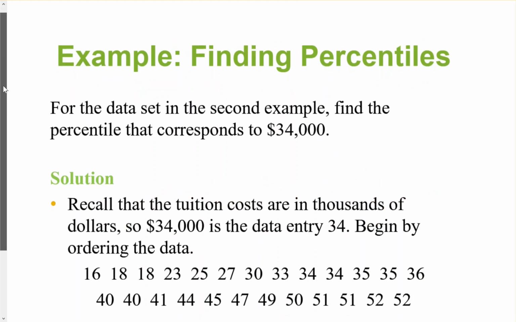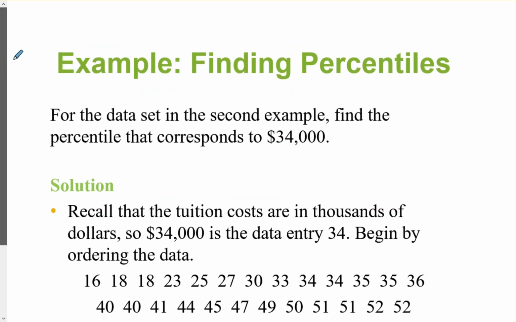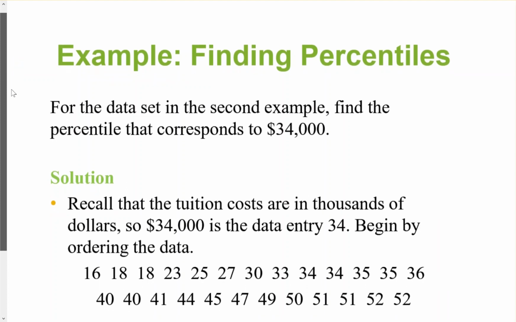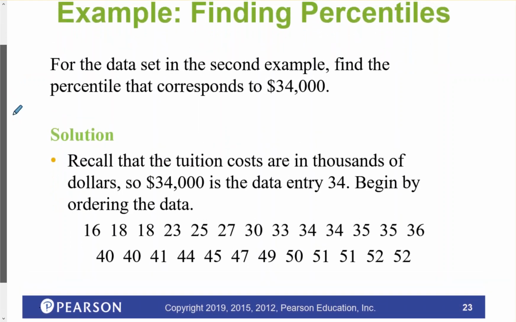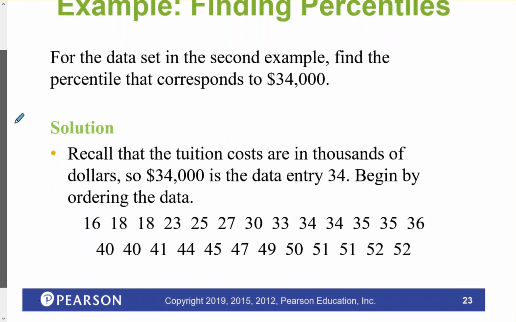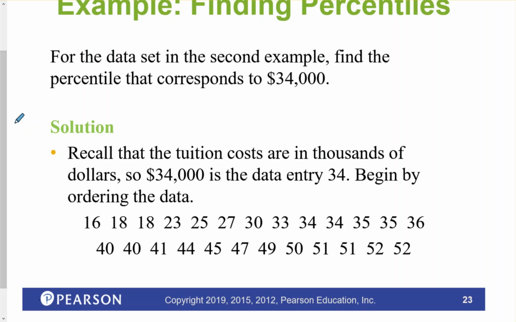For the data set in the second example, find the percentile that corresponds to 34,000. Recall that tuition costs are in the thousands of dollars, so 34,000 is the data entry 34. Begin by ordering the data.